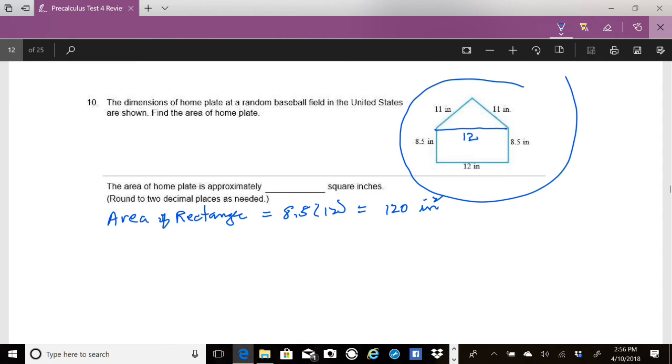And the area of the triangle, we've got a triangle here with all three sides given.